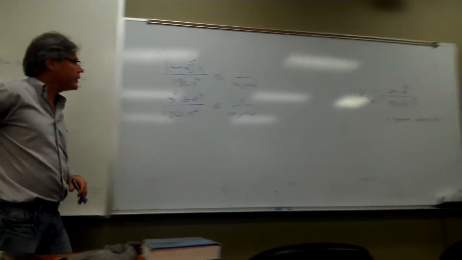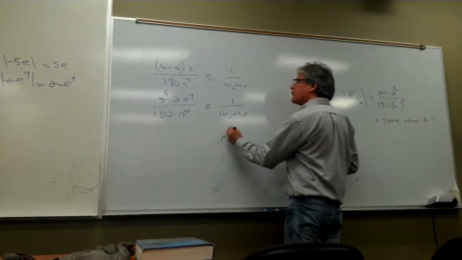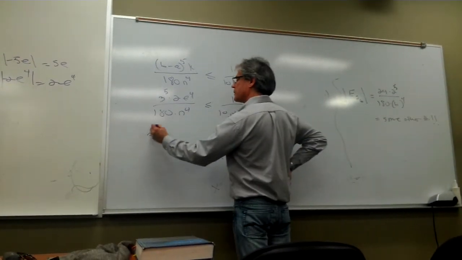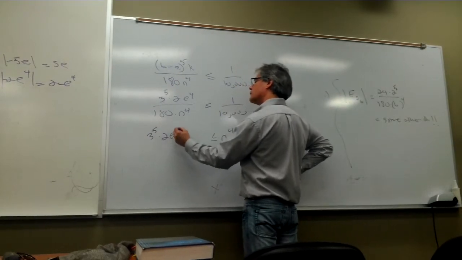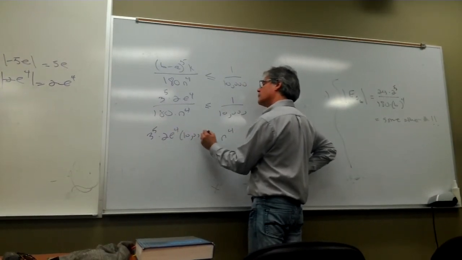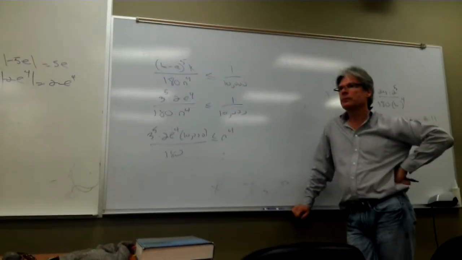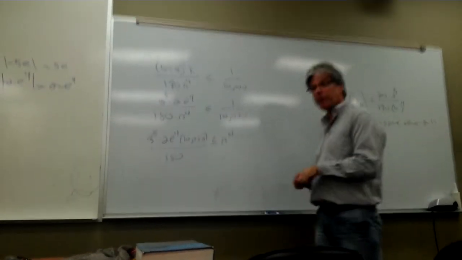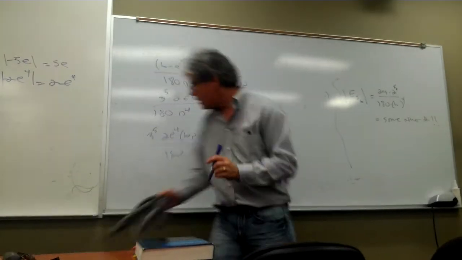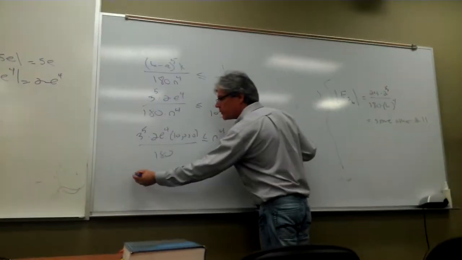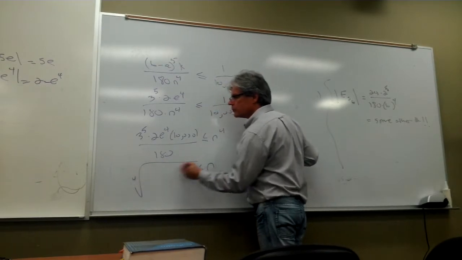And if I were to solve for n, I see that n to the 4th power is at least as big as this nasty business. Well, that being the case, I think n itself then is going to have to be at least as big as the 4th root of all that garbage.